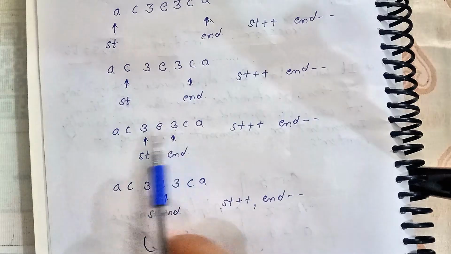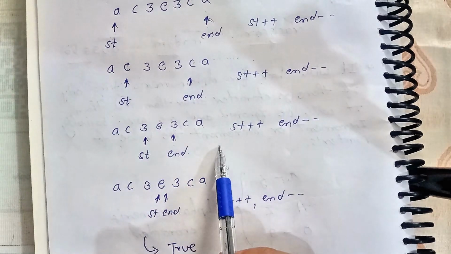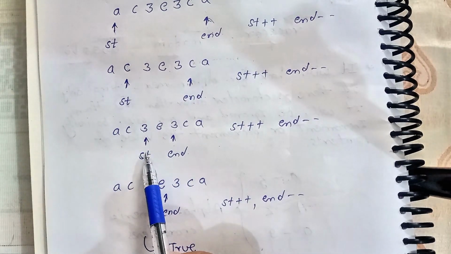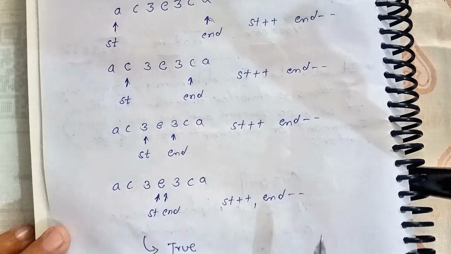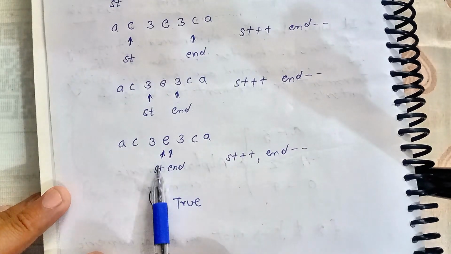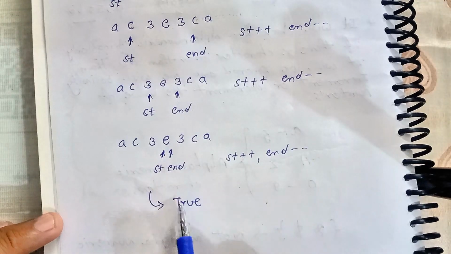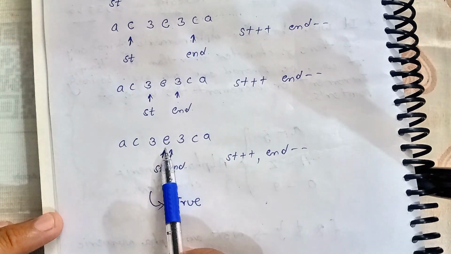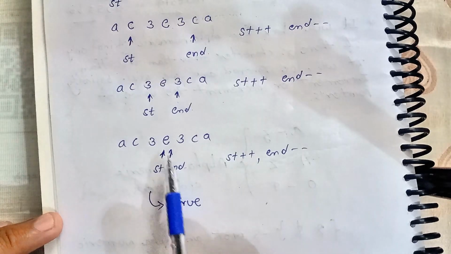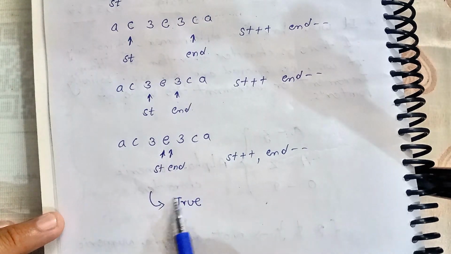If these two values are same, then we move forward again. So here the starting pointer and ending pointer are at the same place, means it is the same as these pointer values are equal. So here we return true.